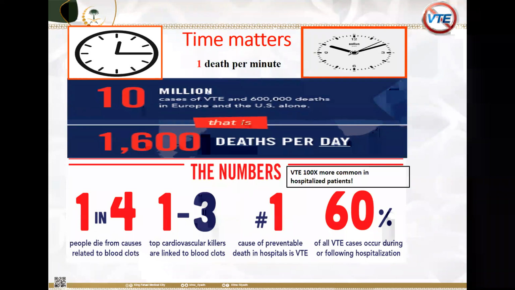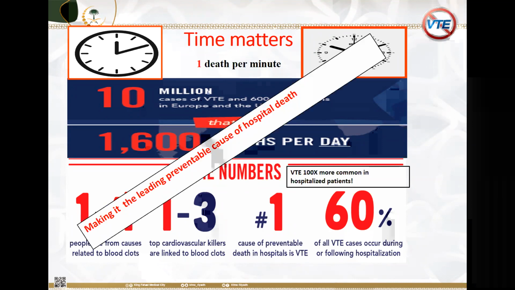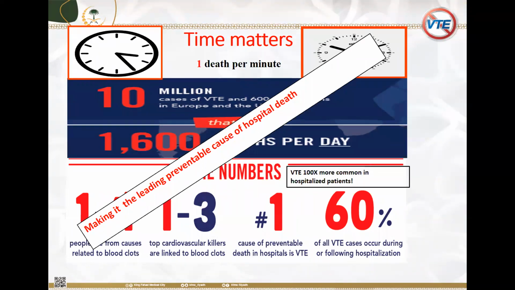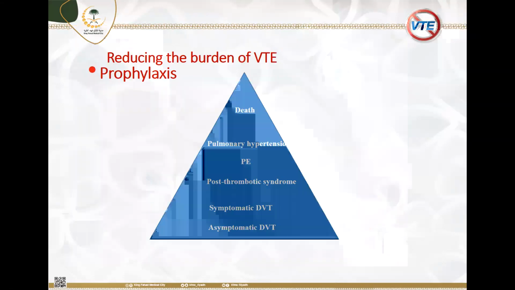We know that if we compare hospitalized to non-hospitalized patient, it is more than 100 times more common in hospitalized patient than the public or healthy people. So it's very important, hospitalization can increase the risk substantially. That's why it's the leading preventable cause of death among hospitalized patients. 1 out of 10 hospital deaths are attributed to hospital-acquired VTE. So about 10%. So you don't want your patient to be from that 10%.